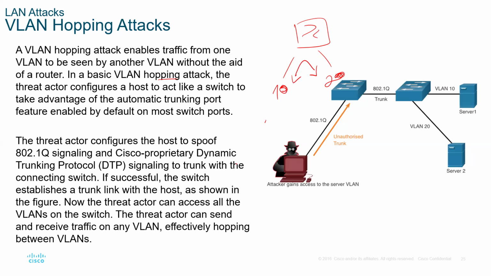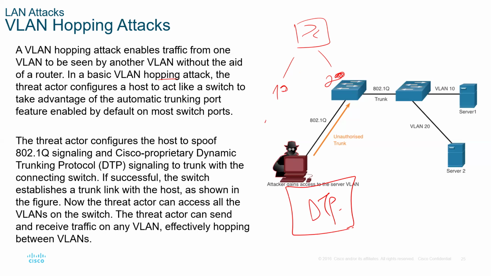Right. So how does it happen that a threat actor gets access to traffic from different VLANs? When we discussed DTP, I think there was an issue to do with security risks which comes with the dynamic trunking protocol.